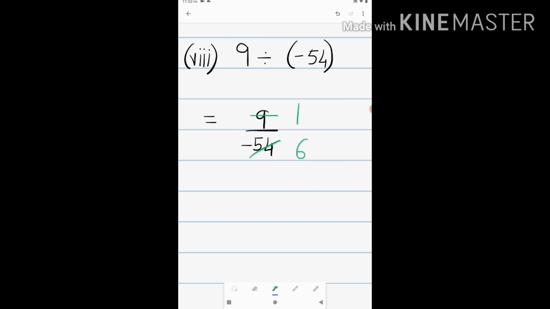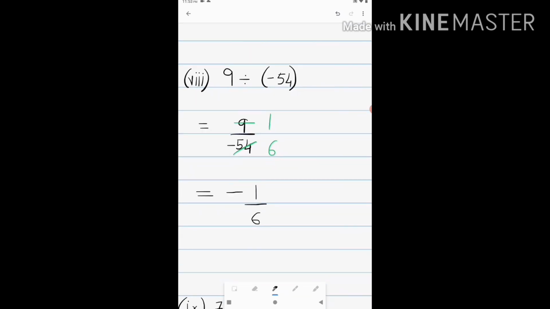Whenever 1 is in the denominator, you can neglect it, but when it is in the numerator, you cannot neglect it. So we will write our answer 1 upon 6, and we forgot to put the sign. The sign was with the denominator and not with the numerator, but we can bring it to the numerator. So minus 1 upon 6, because minus and plus gives us minus.